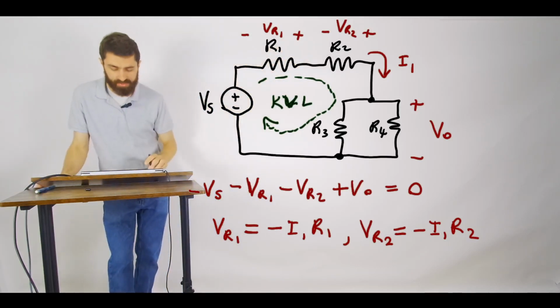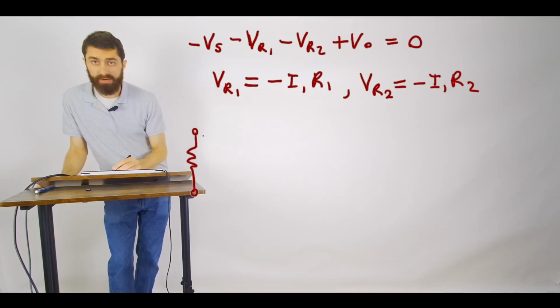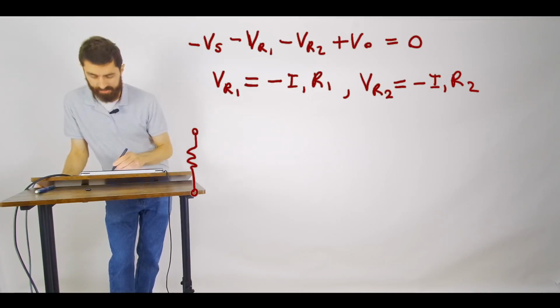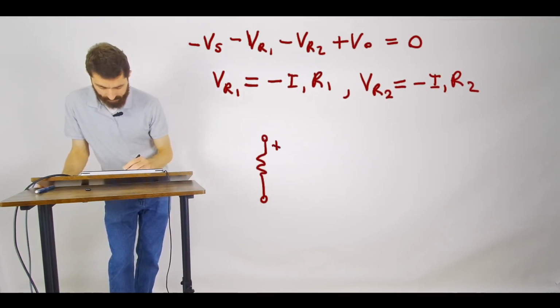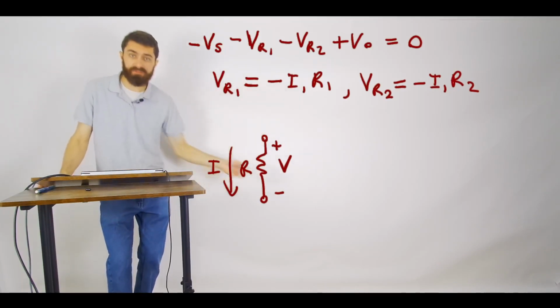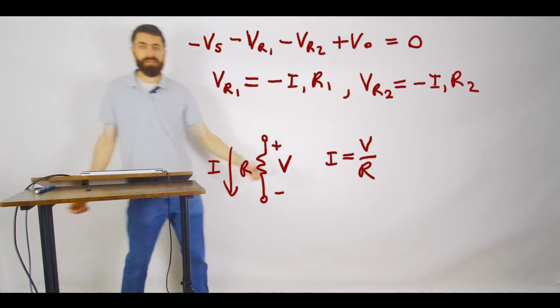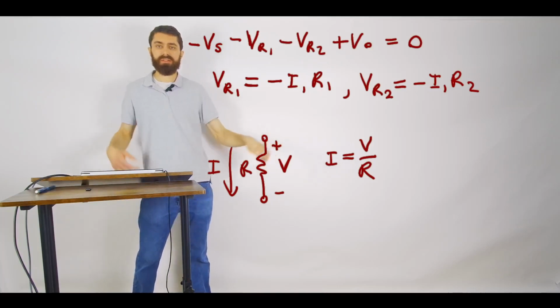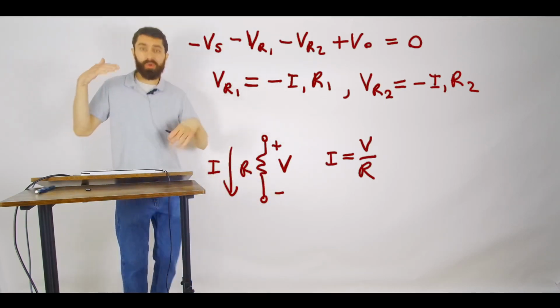Remember what Ohm's law says. If you have a resistor and you apply a plus and minus voltage across it, then it will cause a current I to flow from the positive side to the negative side, and that I will be equal to V over R. This makes sense if you remember that plus indicates the point of higher potential energy for the charge, and minus indicates a point of lower potential energy.